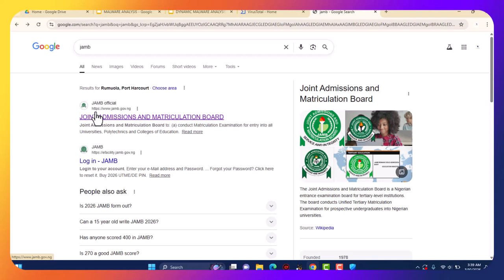The HTTPS is the protocol, the www is the World Wide Web, the jam is the domain, while the .gov.ng is the domain name extension. All together are called a URL.